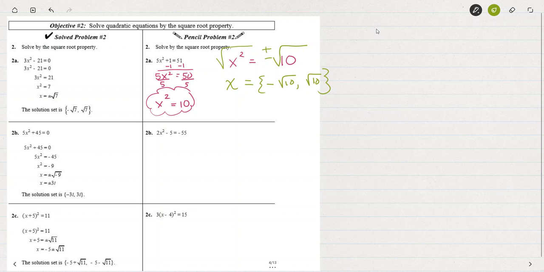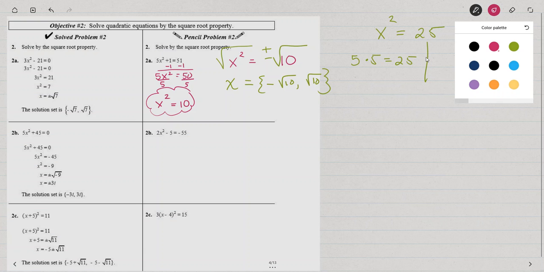Now, if I did this easy one, x squared equals 25. If we did this just mentally and thought, well, what could I multiply by itself to get 25? I know that I could do 5 times 5. But do you see that hidden example that's hiding underneath the surface?